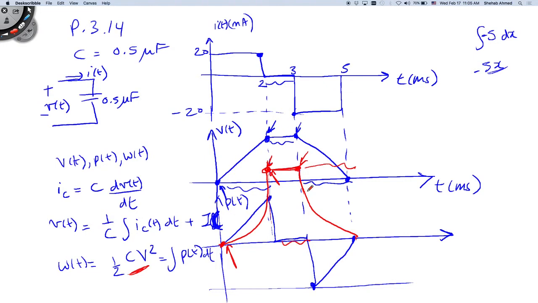Goes negative or? Yeah, it goes straight down to a negative.